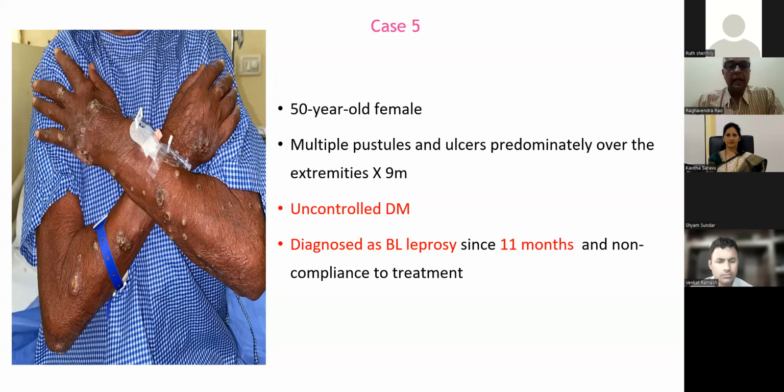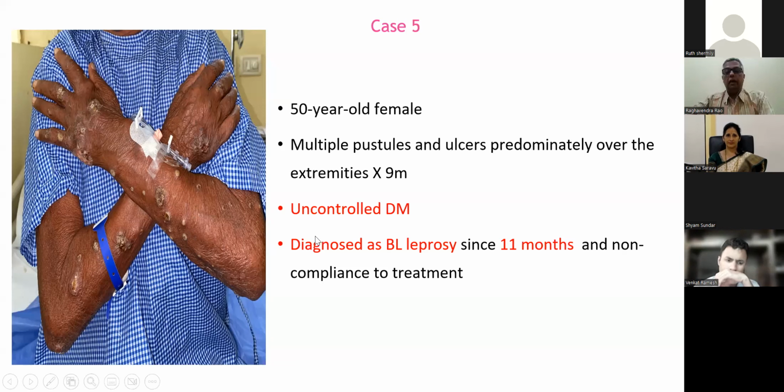In this background of a patient who has uncontrolled diabetes mellitus, when they have pustules, it is quite natural for us to consider the possibility of secondary bacterial infection or pyodermas or furunculosis. But when we did the gram staining of these lesions, it was sterile, so there was no bacteria at all.